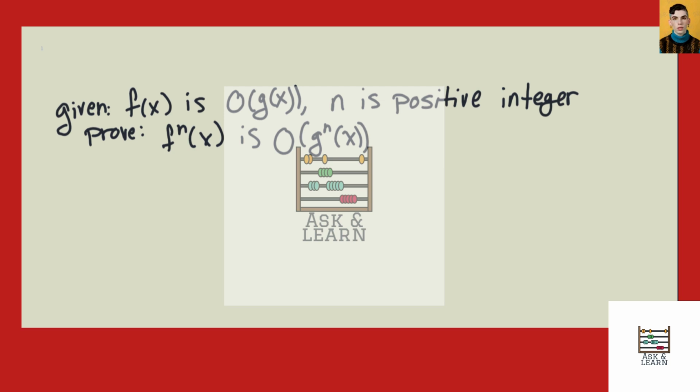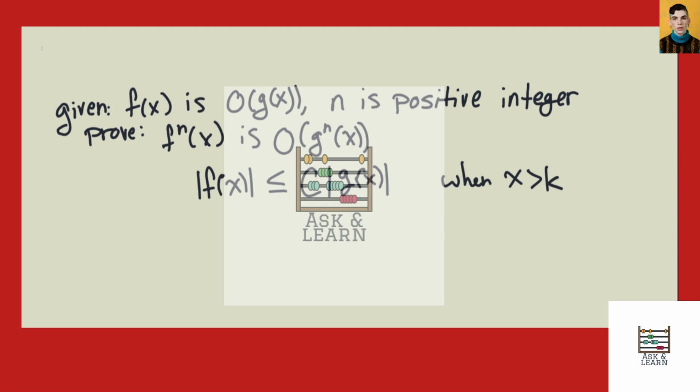Okay, so by big O notation, we know then that the absolute value of f of x is less than or equal to some constant c times the absolute value of g of x, right? And this is going to occur when x is larger than some point.